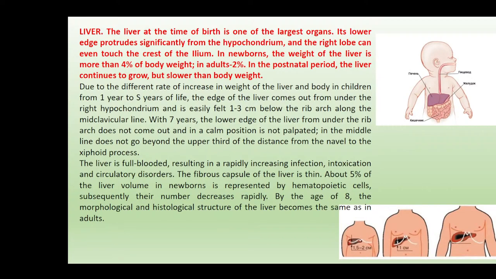In the postnatal period, the liver continues to grow, but slower than body weight. Due to the differential rate of increase in weight of the liver and body in children from 1 year to 5 years of life, the edge of the liver comes to lie under the right hypochondrium, and can be felt 1 to 3 centimeters below the rib arch along the mid-clavicular line.